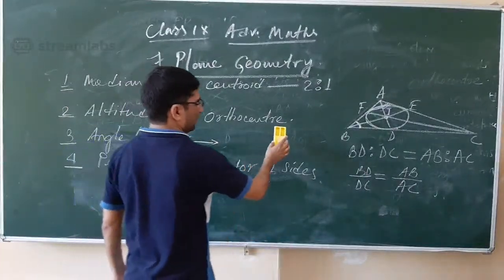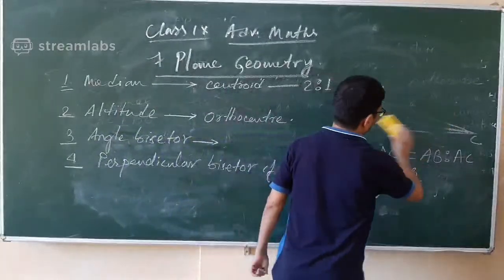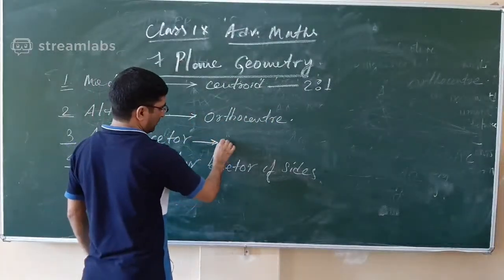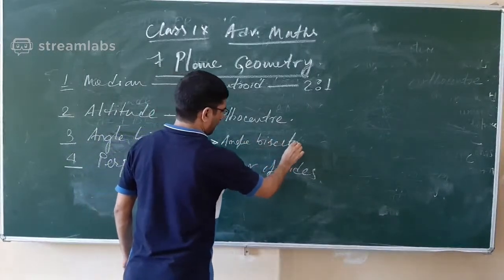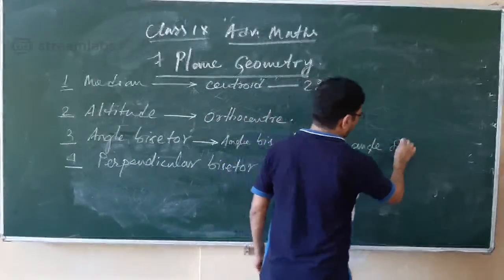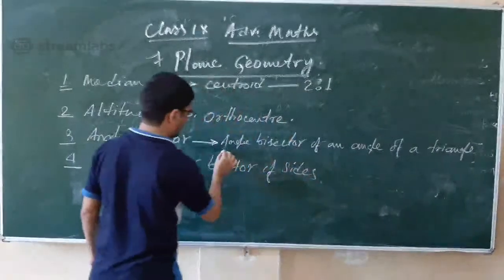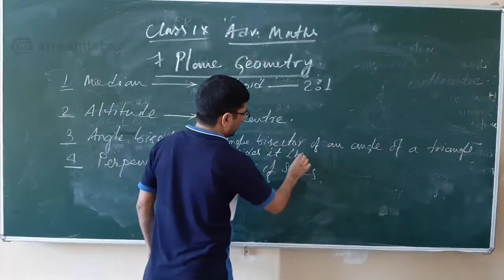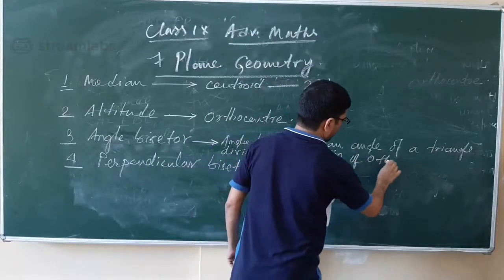First, we have learned that the angle bisector of an angle of a triangle divides the opposite side in the ratio of the other two sides.